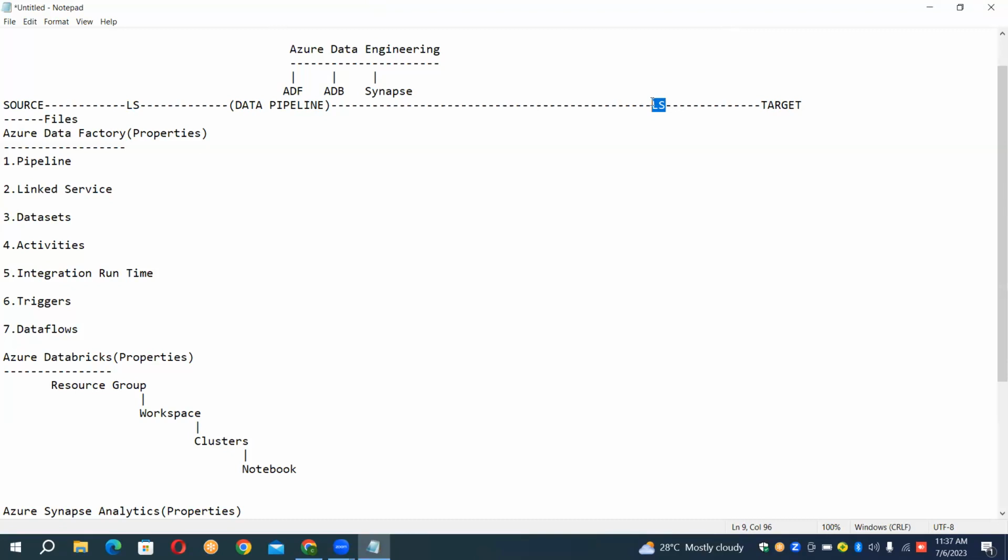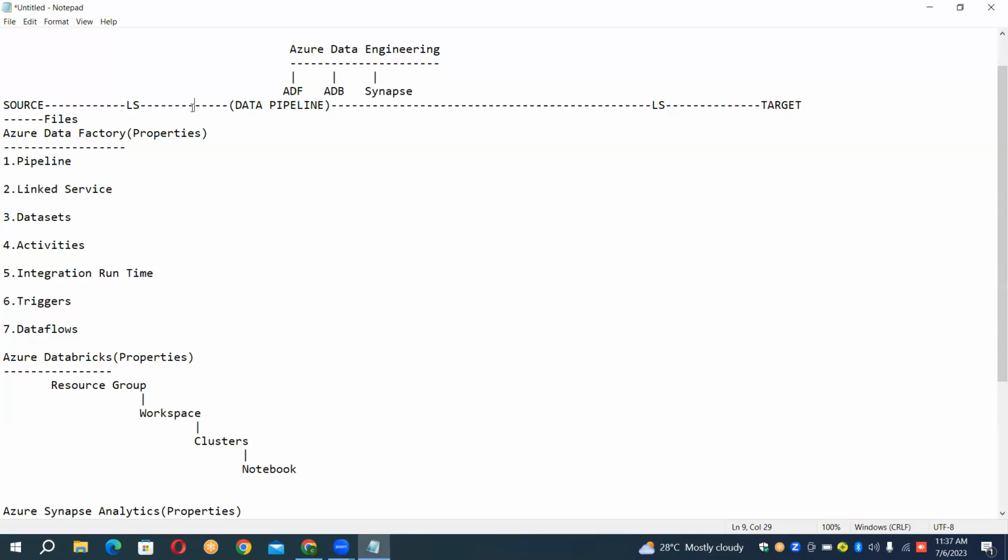The third one is what? Data sets. So what is my data set, guys? A data set is nothing but a collection of information stored here.